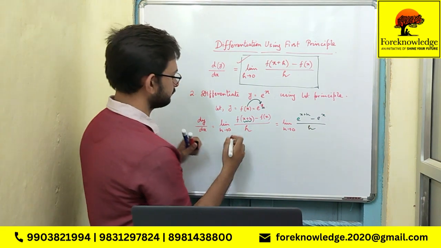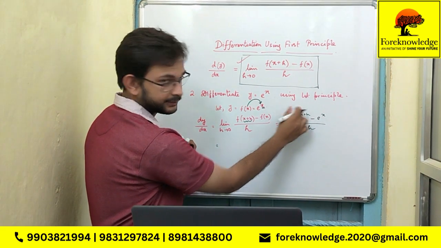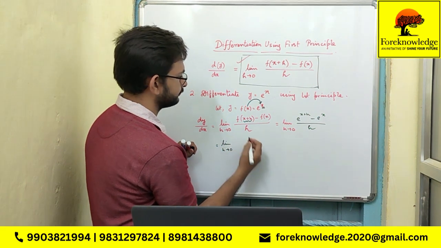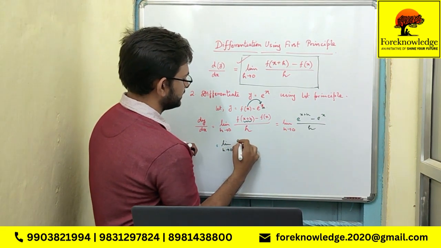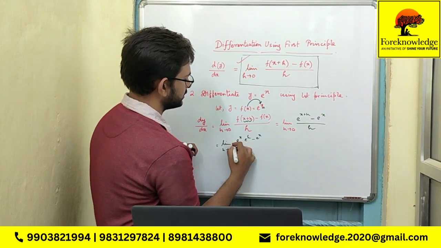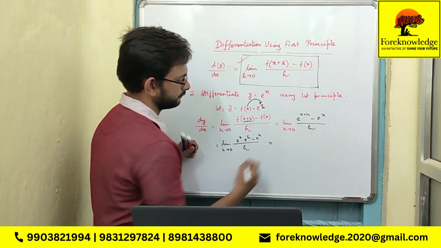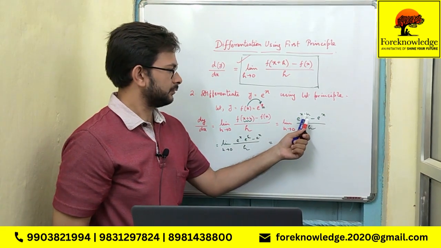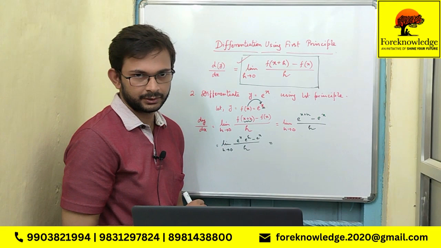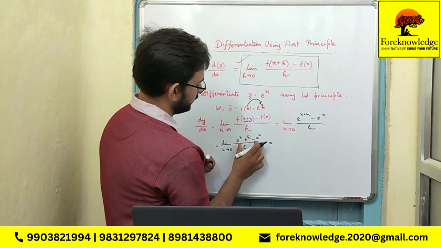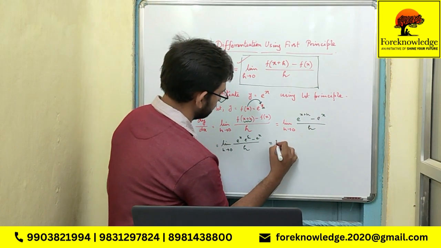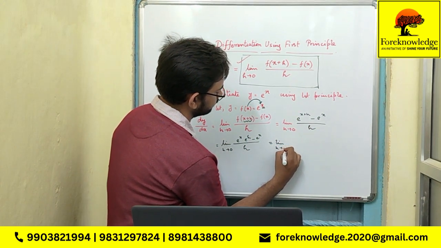I hope this is clear. Simple things. Limit h tends to 0, what is this? e to the power x into e to the power h, minus e to the power x, by h. Addition in power means these two are in a product form. Now in the numerator, there are two terms with e to the power x, so take it common.